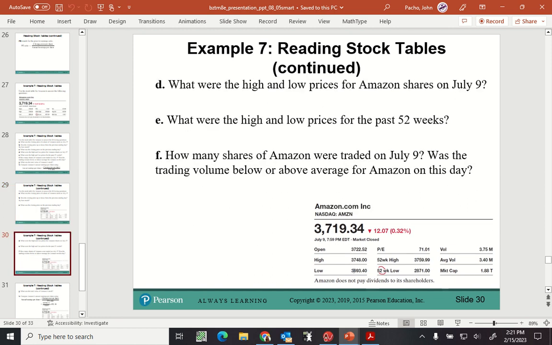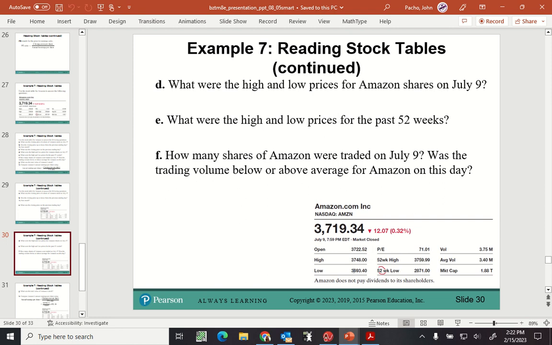D, low and high for July 9th. My low was? Okay, yes, 3,593.40. And the high was 37.48. You guys are all filling this in, right? Not just staring at me awkwardly.